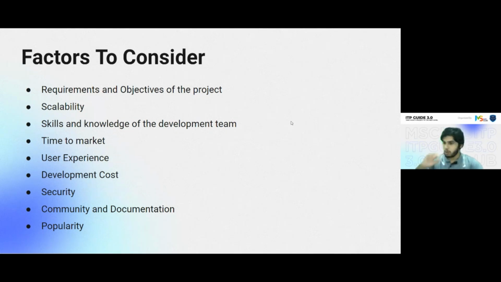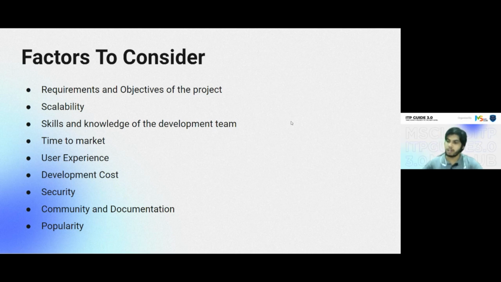I'll come to that. Community basically means the developers who are using the particular technology that you're considering. Let's take React.js for example. It's a very popular front-end library, so there's a lot of community behind it. There are a lot of developers using React.js.